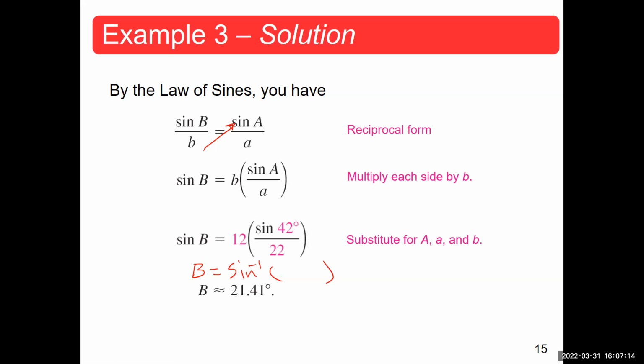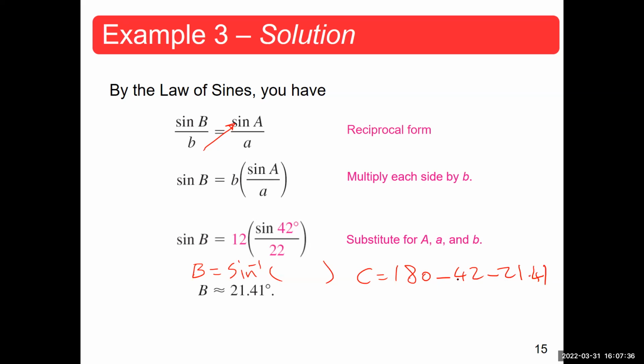So if you know, how do you find the third angle? The C. C equals 180 minus 42 minus 21.41. Because now I know 2 angles, the third one is easy.